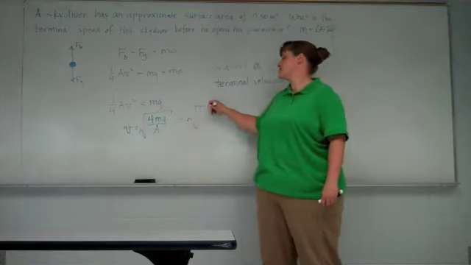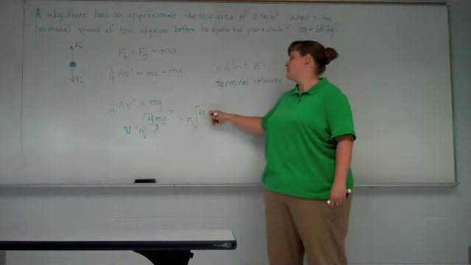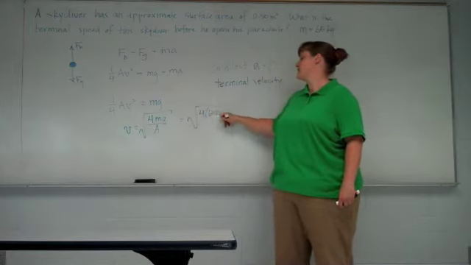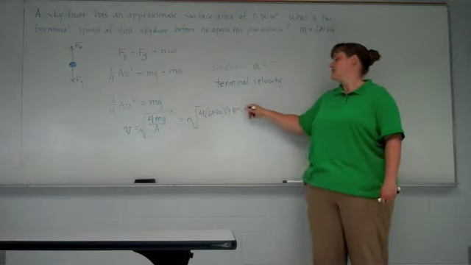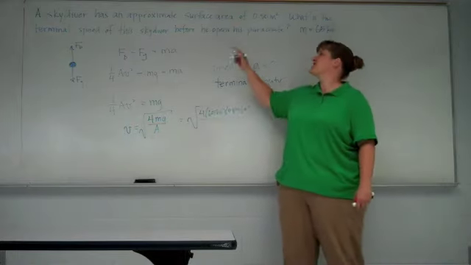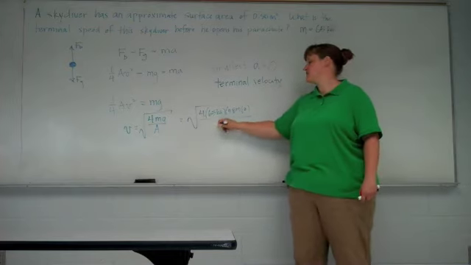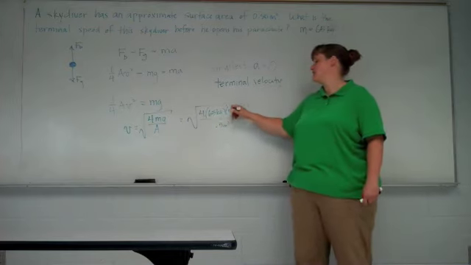So in the case of the numbers we have, the mass is 65 kilograms, g is 9.8 meters per second squared, and the cross-sectional area, we're estimating it to be about 0.5 meters squared.